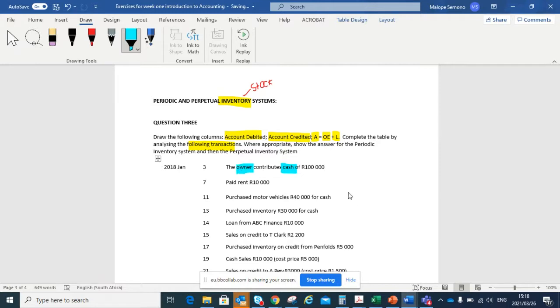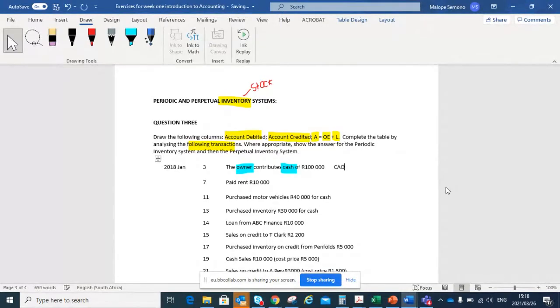So this thing will help me a lot, because the first thing that I want you to know is that anything that has been contributed by the owner, it doesn't matter what, whether cash or equipment, that thing is going to be analyzed or classified as capital, meaning I'm analyzing now.